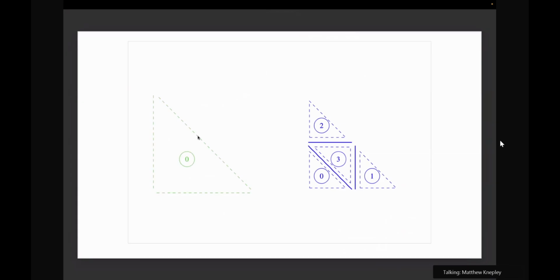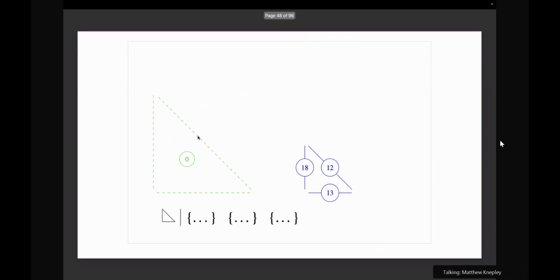So if I want to talk about how to produce these cells, I would say, okay, take the first subcell. It has a boundary of 13, 12, 18. So I need to describe the boundary of each one of those things. So if I take one boundary of 0, I get 4, 5, 6.